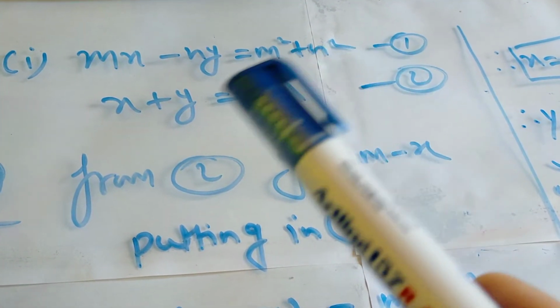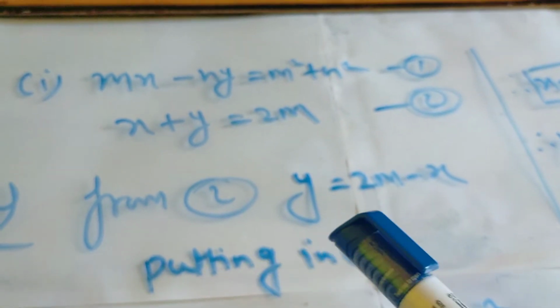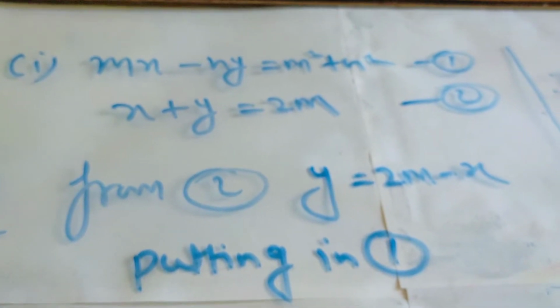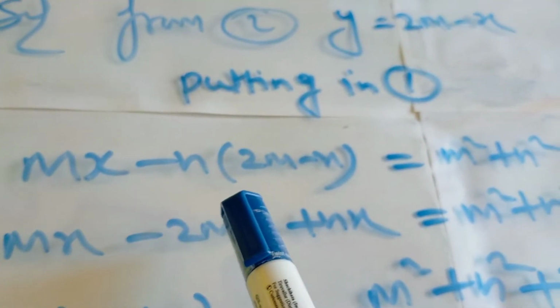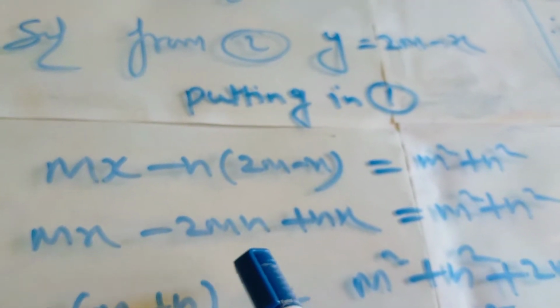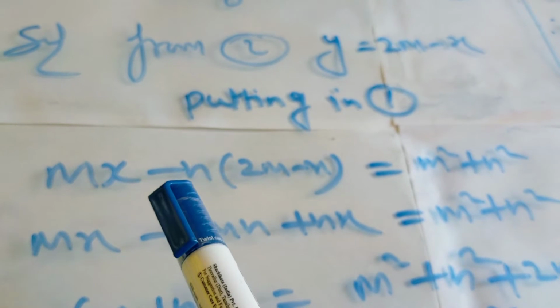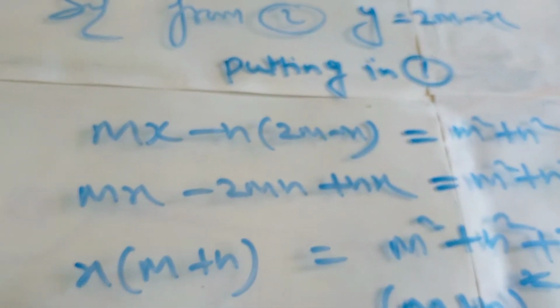Means in place of y I am going to write 2m minus x over here. So mx minus n into 2m minus x is equal to m square plus n square.